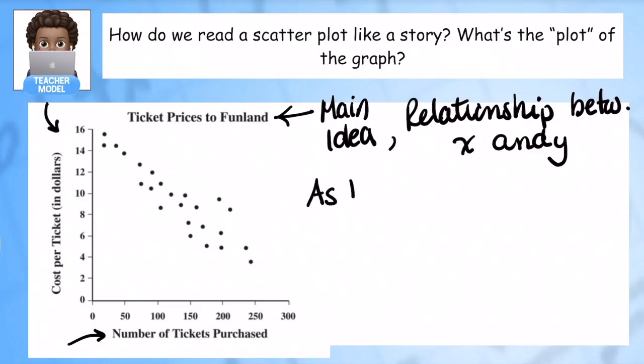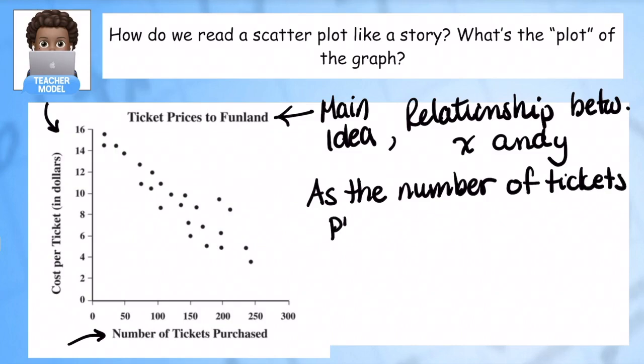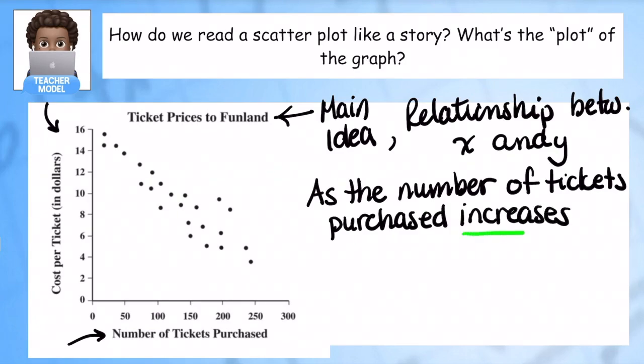So as the number of tickets purchased increases, in other words, as we read this from left to right, as the story continues in this fashion, what is happening to the cost of the tickets? Well, our cost of tickets is decreasing.